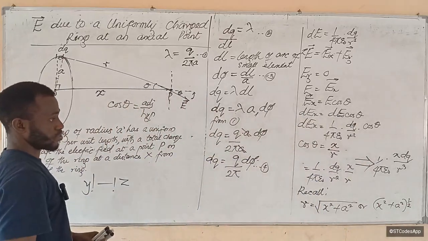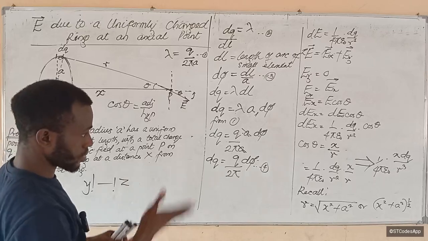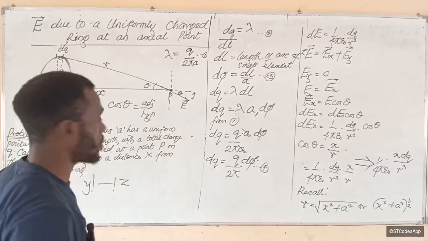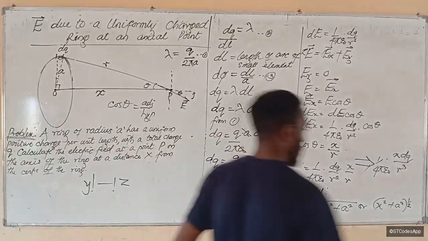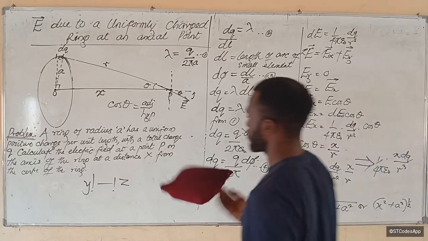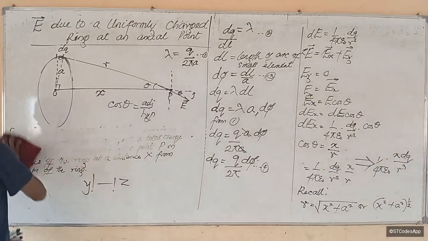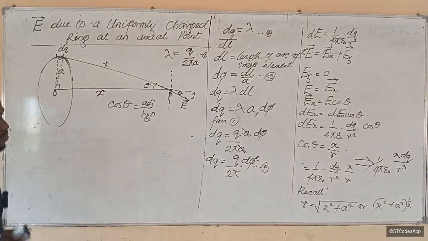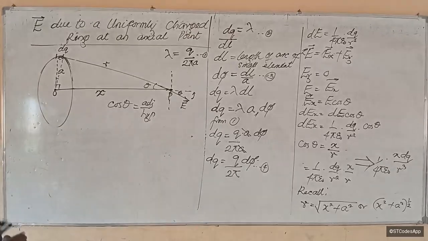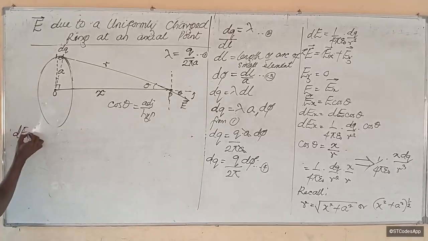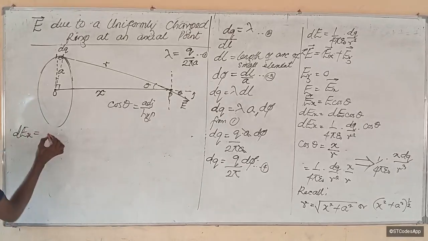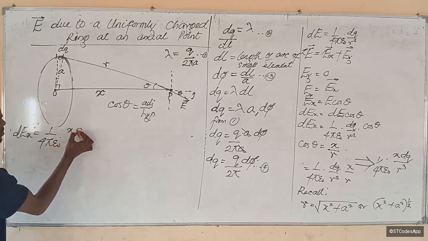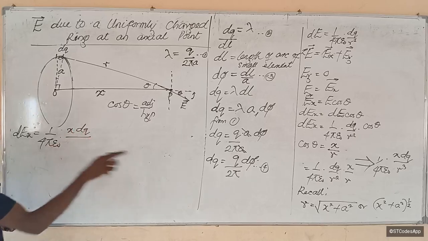Okay? So by the time we substitute that into the equation, we have our dE sub x will be equal to 1 over 4 pi epsilon naught dot x dq all over our r cubed.